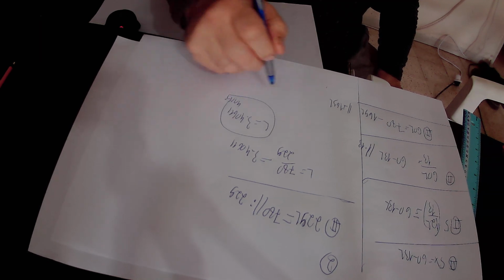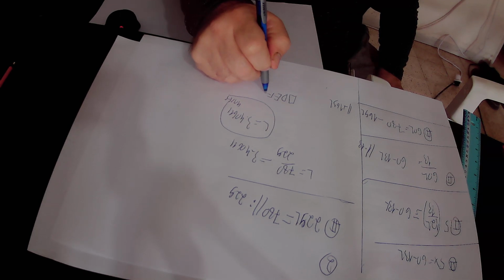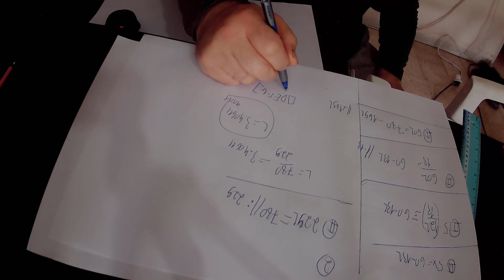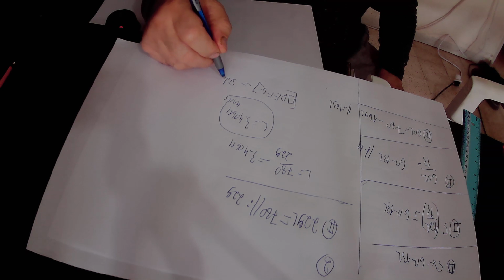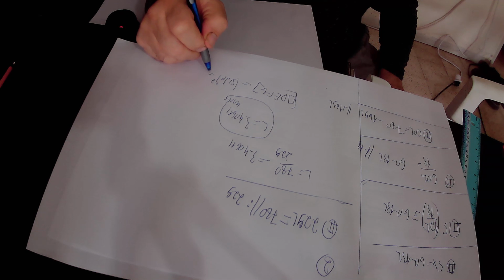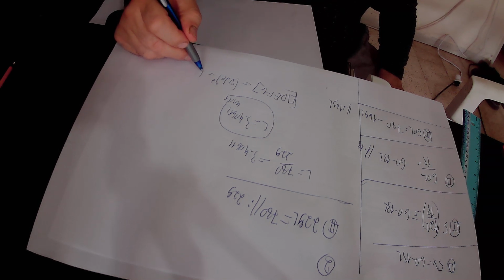And we know that the area of square DEFG equals one side of the square squared, and one side of the square is L, so it is L squared.